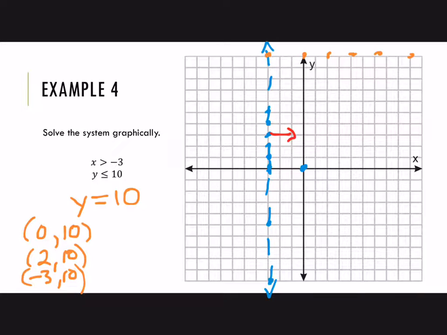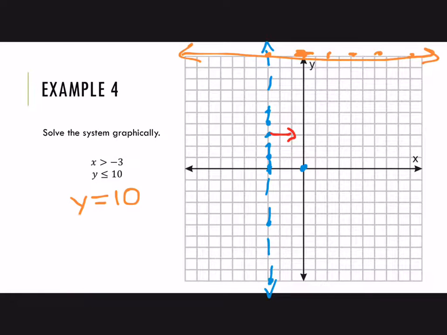So lines that look like y equals a number are all going to be horizontal lines, and you find them by just going on the y-axis to where y is that number, 10, and then drawing a line horizontally through there. Here's another way to think of it. When you see y equals 10, you could put this in y equals mx plus b form.